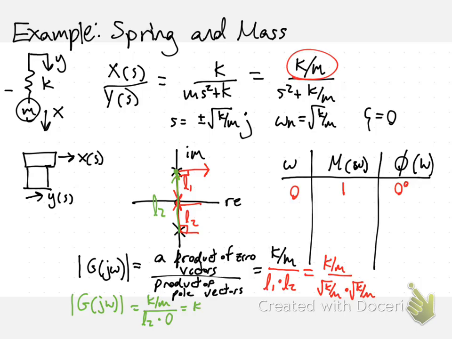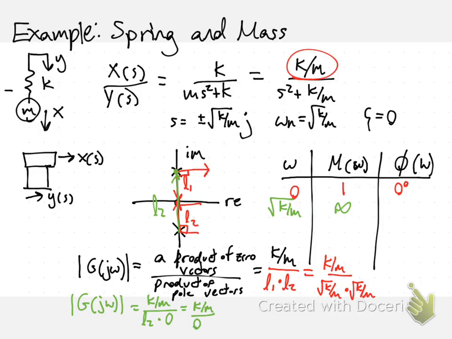So the magnitude is going to be k over m over 0, which gives us a magnitude of infinity. So if we are operating at our natural frequency, then we end up having an extreme amplification of our output over our input, which is why we don't want to operate there.